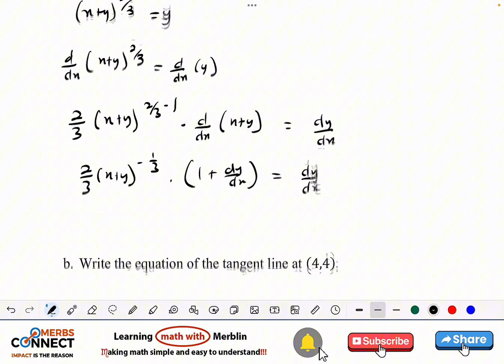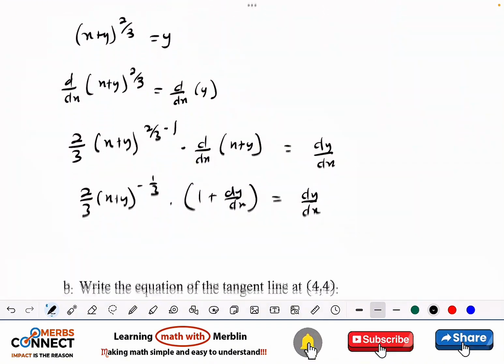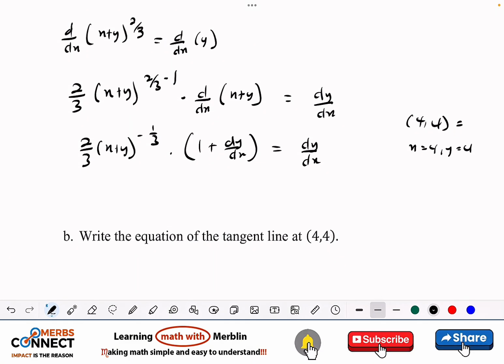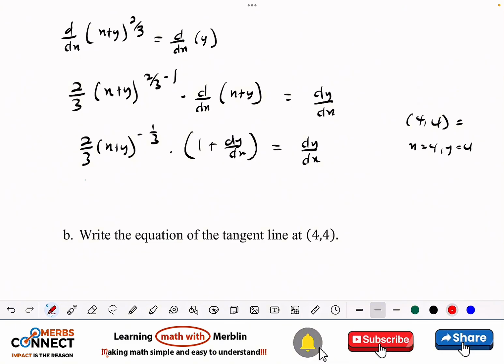They've given us a point, which is 4, 4. So point (4, 4) means that x is equal to 4 and y is equal to 4. So let's do the substitution straight, and then we just go. So 2 divided by 3, 4 plus 4 to the power minus 1 divided by 3 times 1 plus dy over dx, which is equal to dy over dx.